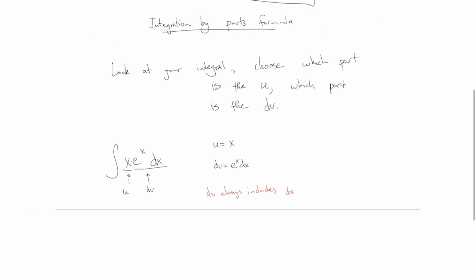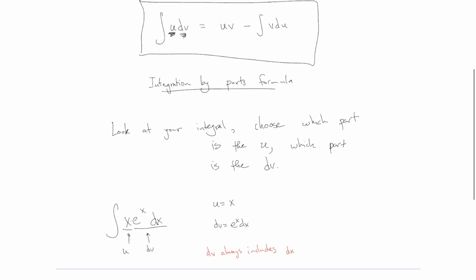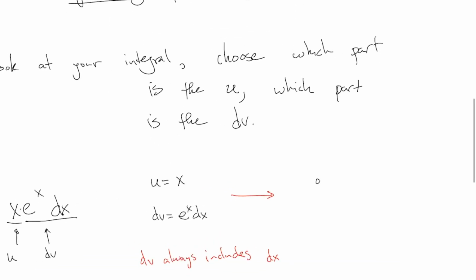We intend to use the integration by parts formula, but you'll notice the formula involves du over here, and it also involves v, and we don't have those. So we choose u and dv, and then we figure out on our own what is du and what is v. And these you do by taking derivatives, just like in the u substitution.